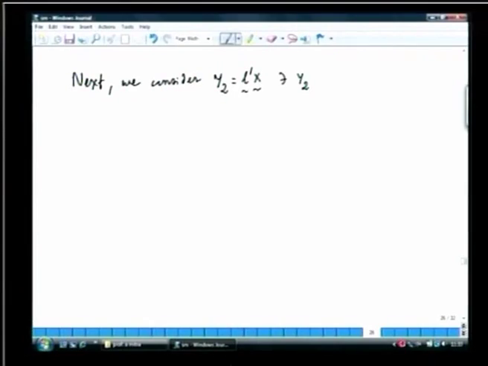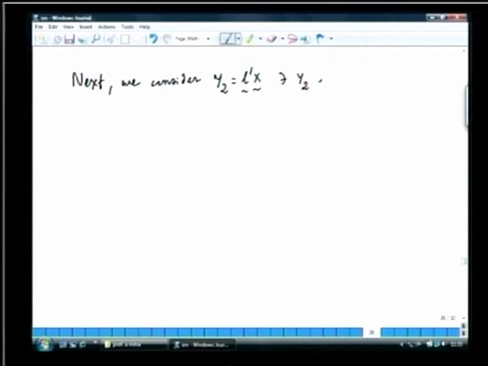Firstly, that y2 is uncorrelated with y1, this factor did not come when we were considering the first principal component, and secondly, the variance of y2 has to be less than the variance of y1. So, these two properties have to be satisfied in the construction, such that y2 is uncorrelated with y1, this is number 1.